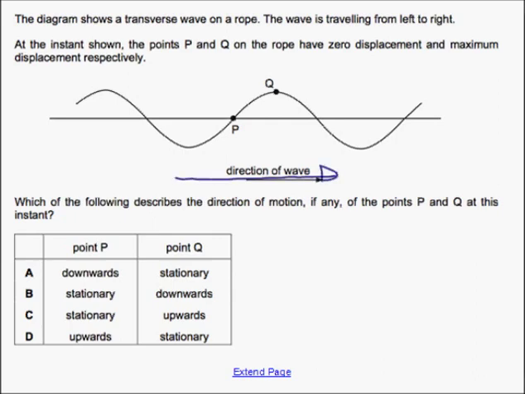So if you imagine watching the surface of the water, you'll see this crest here will, in the future, be over here. So in the future, the whole wave will move across to the right. So where will Q be? Q's gone to there, in the future.